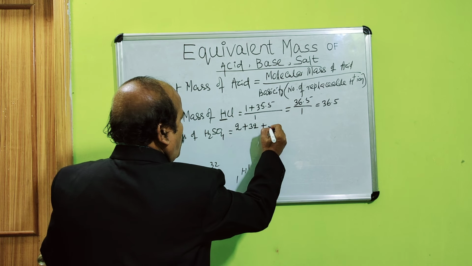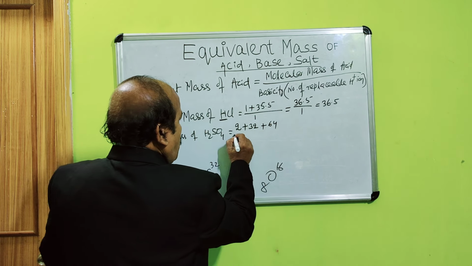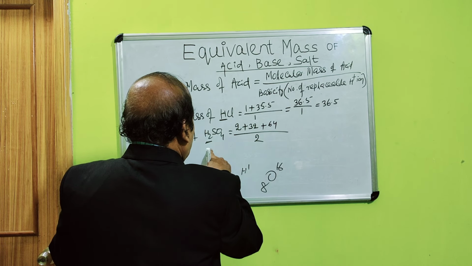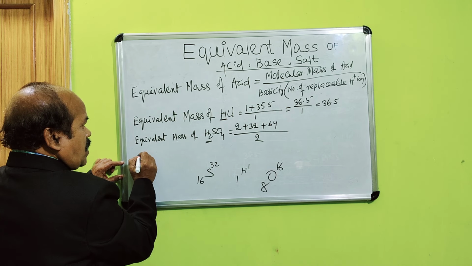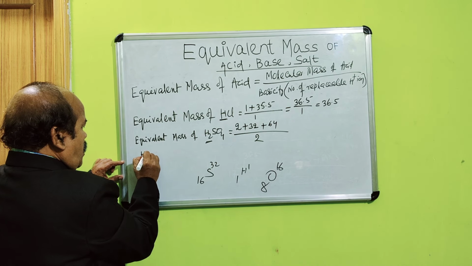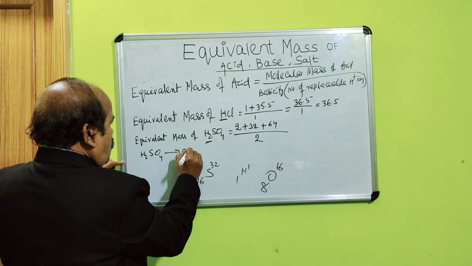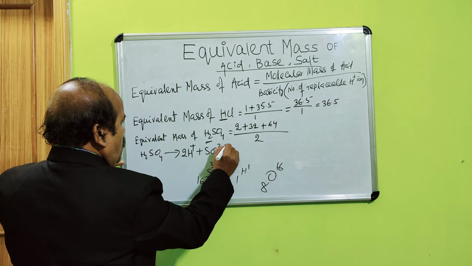So for 4 it is 64, divided by 2. Basicity is 2, or the number of replaceable H plus ion; we calculate like this: H2SO4 will give 2H plus and SO4 2 minus.